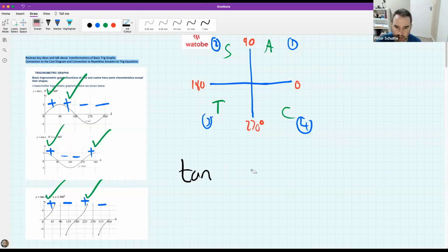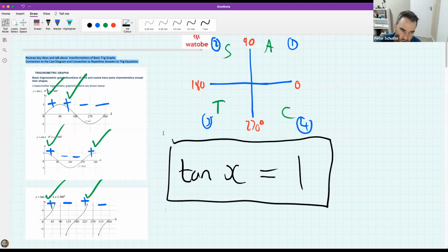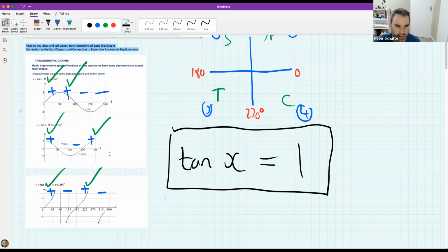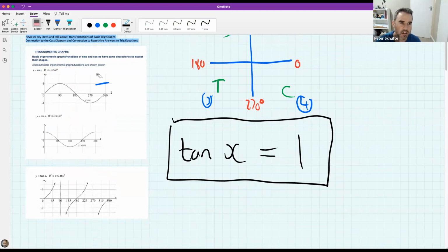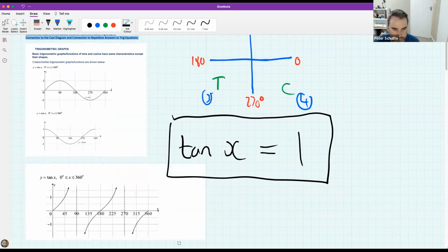If I ask you to solve that trig equation for me, tan of x equals 1, you can just look at the tan graph to do that. You don't even need to use your calculator, just look at the tan graph below. How do you solve that equation using just this graph here?